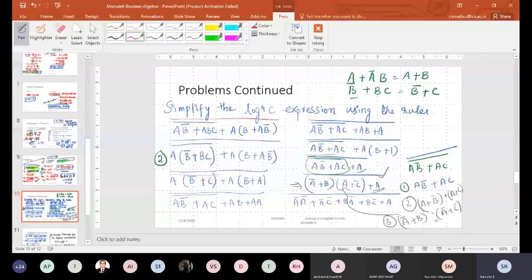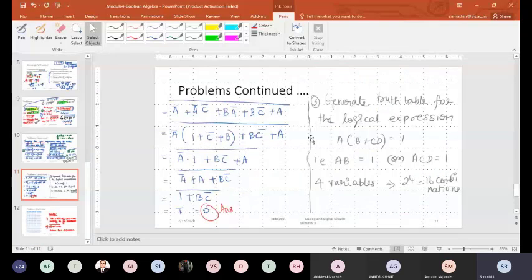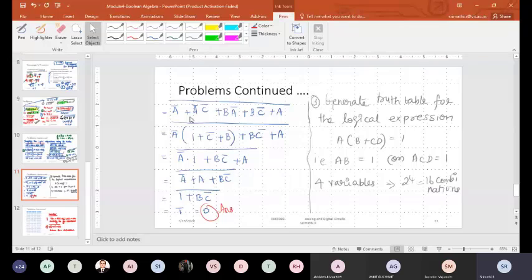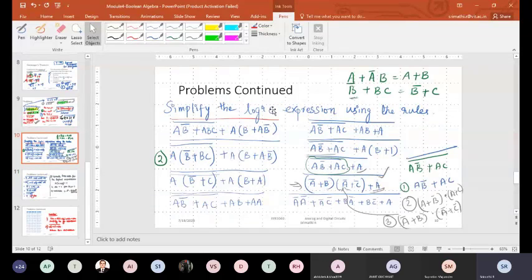Now tell me what is your doubt. Next I have to carry this step to the next page. A bar into A bar is A bar only, as A into A is A only. So A bar + A bar C bar + B A bar + B C bar + A. That is 5 literals, 5 combinations.